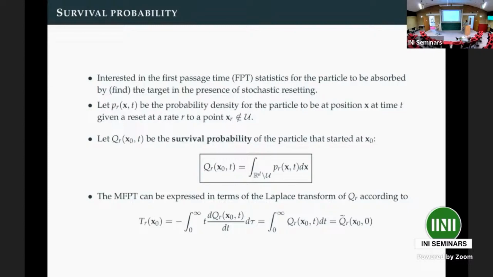If you then plug that in to calculate the mean first passage time with resetting, what you find is it's simply the Laplace transform of your survival probability, where the Laplace variable is 0. So if you can solve things in Laplace space, that's one of the nice things about looking at first passage time problems, if you're looking at moments, because you can just use the generator of those moments and stick to Laplace space and not have to invert anything.